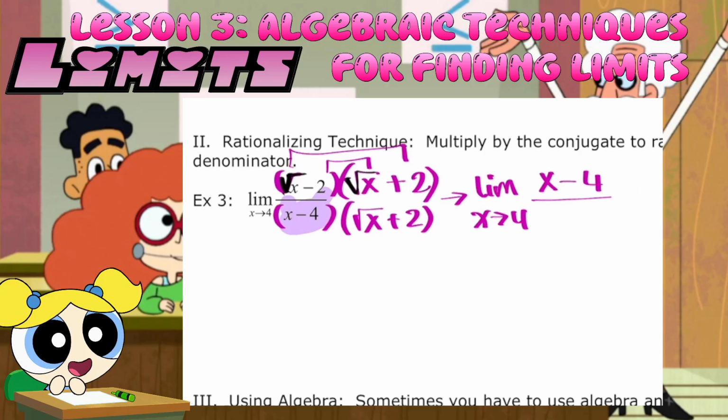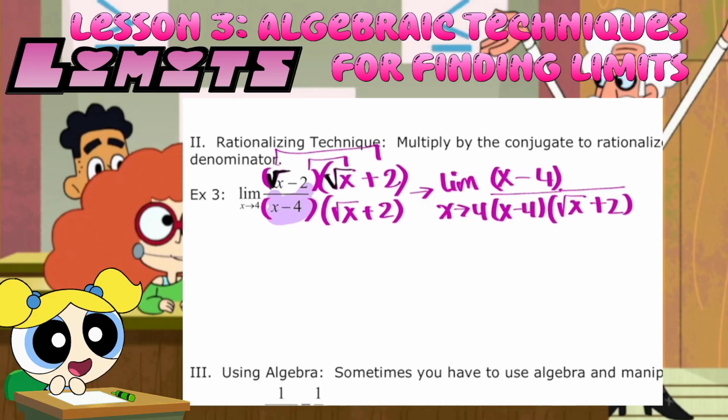I promise it's going to be dangling in front of you, but don't do it, because we wanted to cross out x minus 4, and look what you got on top. This will happen. If you get 0 over 0, I promise you a million times over, this has to happen. Or if it doesn't, it's because you should not have gotten 0 over 0 to begin with. So the bottom has the x minus 4, the little devil, and then the root x plus 2 is also in the denominator.